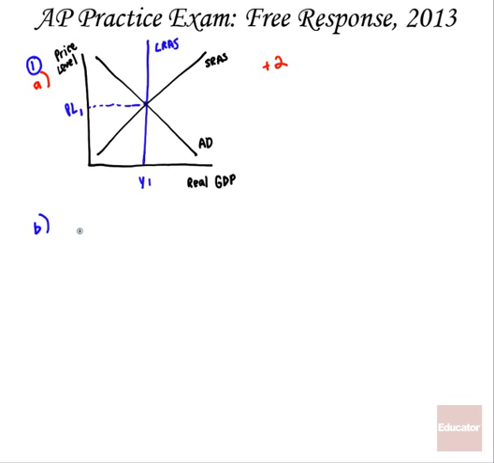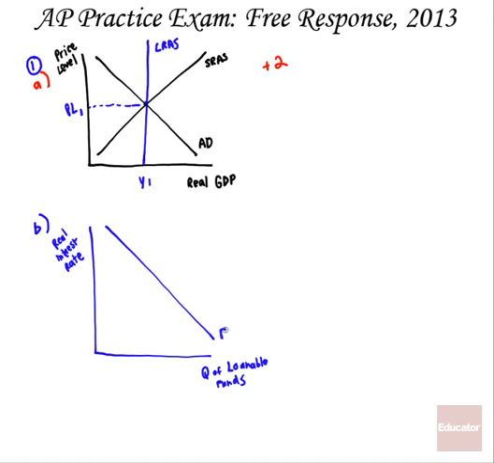So this is the graph for loanable funds. You draw this right here. And here you draw the quantity of loanable funds. And on the y-axis, you're going to get the real interest rate. And you have the demand for loanable funds.